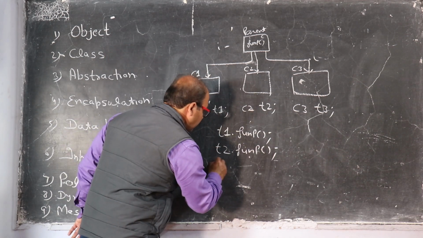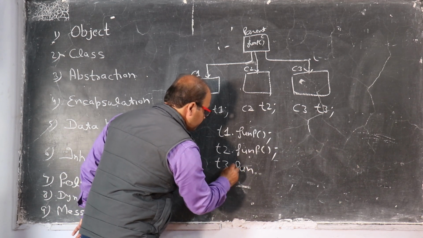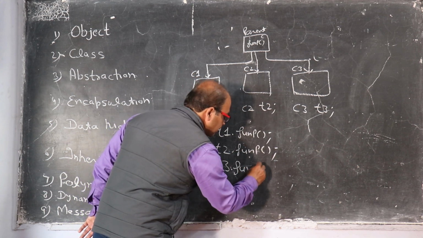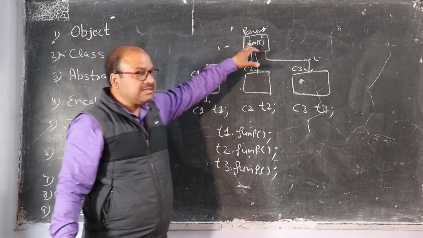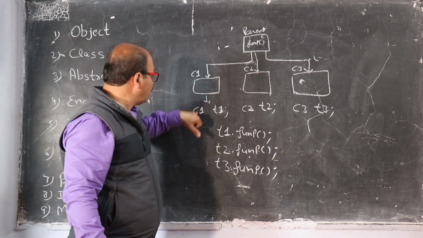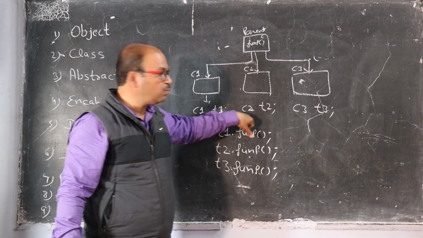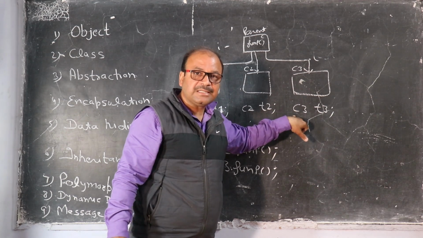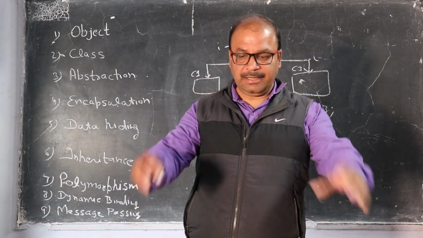Now, same thing I am doing with class third, using dot operator for it. So the same function I am accessing through the object of class C1, object of class C2 and the object of class C3. This is called the hierarchical inheritance.